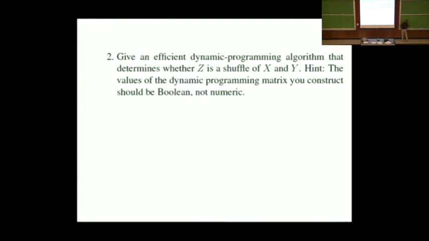Let's put it here. What about my base case being f of 0, 0, 0? Does everybody agree that if I take the first 0 characters of S and the first 0 characters of T, I can shuffle it into the first 0 characters of Z? Does everybody agree with that? So what is this going to be equal to?